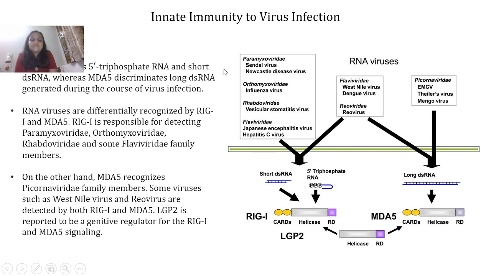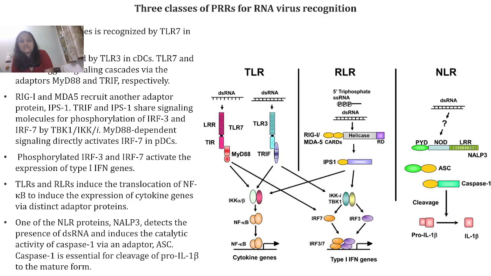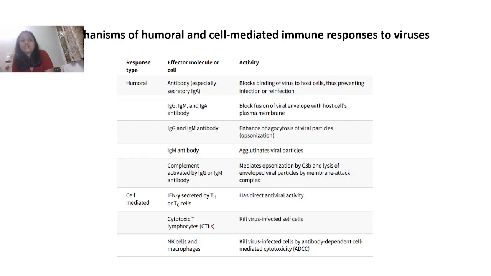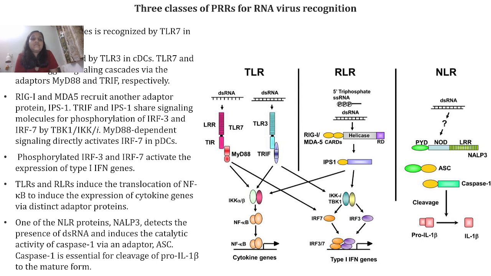So here you can see both this RIG-I as well as MDA5 are recognizing different types of viruses, and they are initiating different kinds of response, which I will tell. So there are three classes of PRRs for RNA virus recognition.